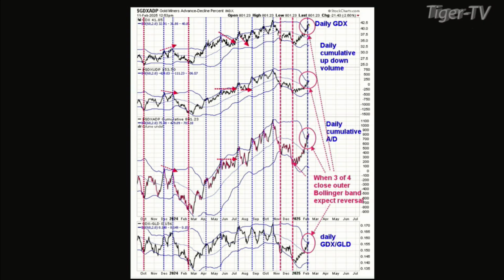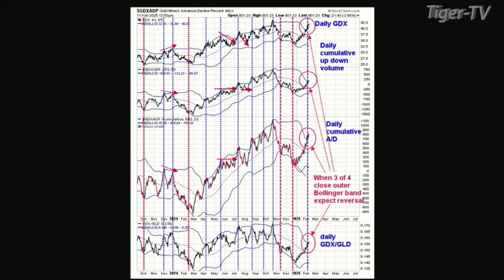So we might see a short-term consolidation, not a top of any consequence. All the blue lines I've listed there, vertically, are times when all four of those indicators reached the upper Bollinger Band, and they had mild consolidation. So I'm thinking we're probably going to hit a mild consolidation here, but it's not going to affect the bigger trend.